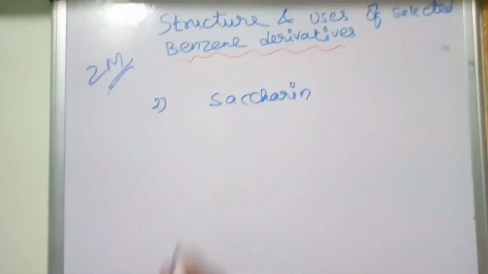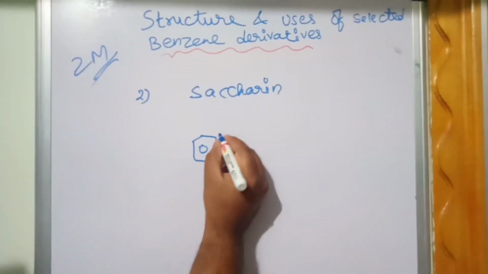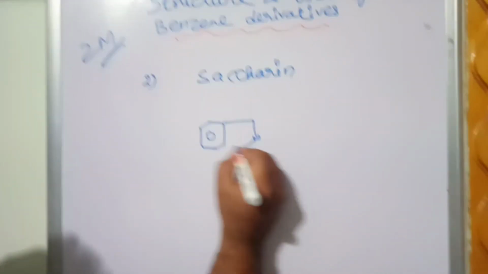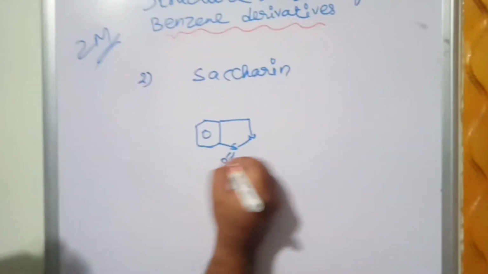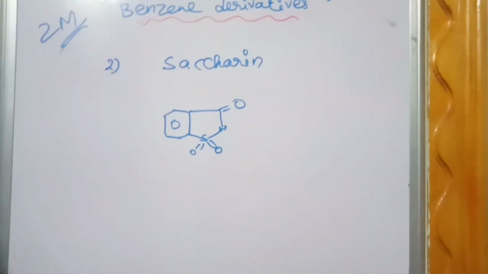The saccharin structure is benzene fused with a 5-membered ring containing nitrogen and sulfur. So they are called saccharin.